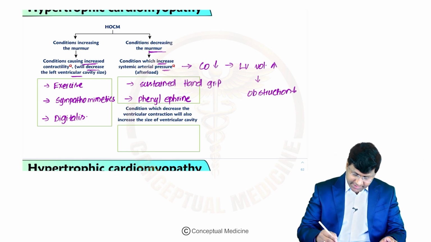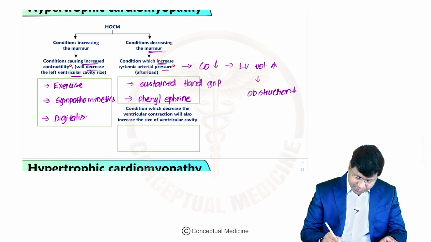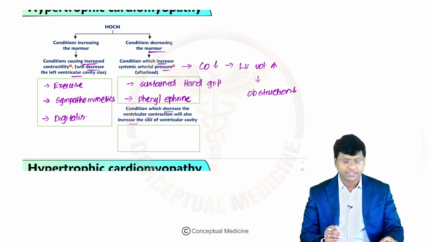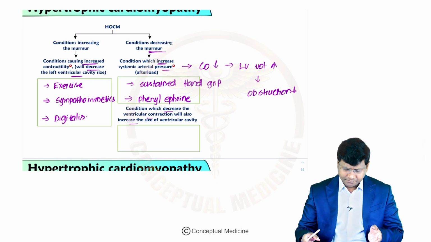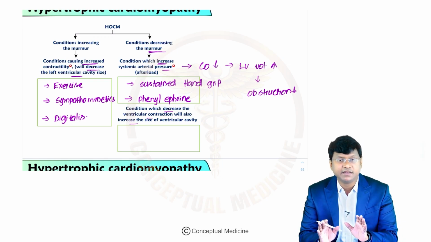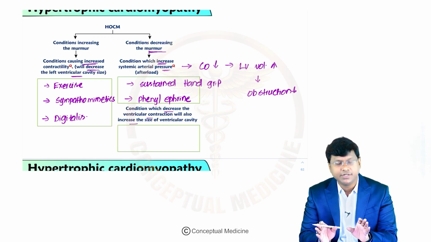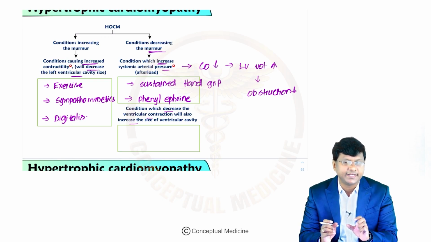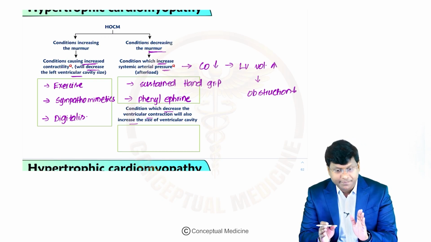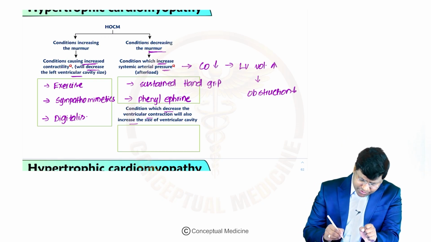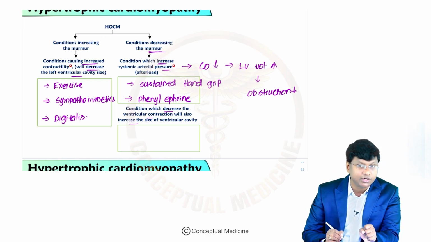Okay. Next, the other conditions are those which will decrease the ventricular contraction, which will also increase the size of the ventricular cavity. Now, take any clinical scenario or any drug which will decrease the LV contractility: LV volume increases, obstruction decreases, murmur decreases. So what are those drugs which will decrease the ventricular contraction?